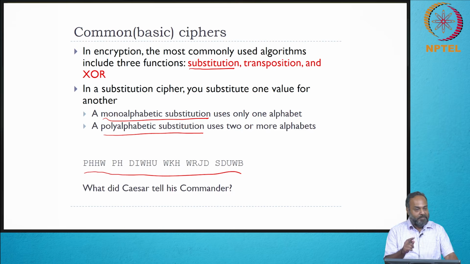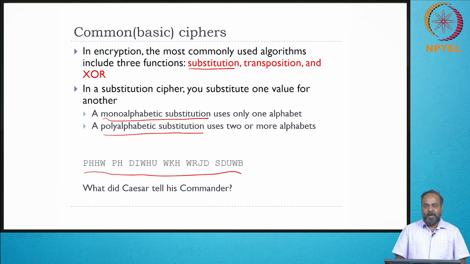If Caesar has to send a very secret message to a commander, there is no digital channel in those days, you have to send a message through a messenger. The messenger should not be able to read that. So, Caesar would not write the message in Latin or in a language that is commonly in circulation, he would change it into something else, he would encrypt the message. So, can you read what Caesar is communicating to his commander? This is the message that Caesar would send to his commander if it is written in English.